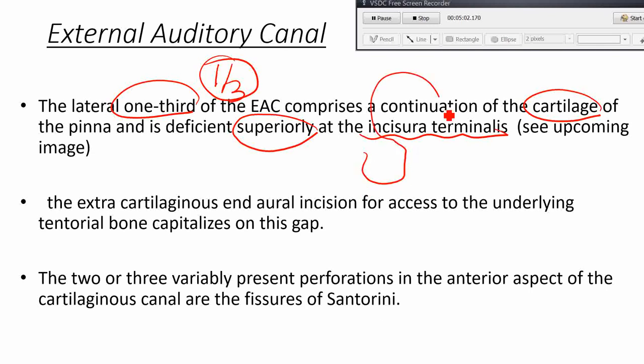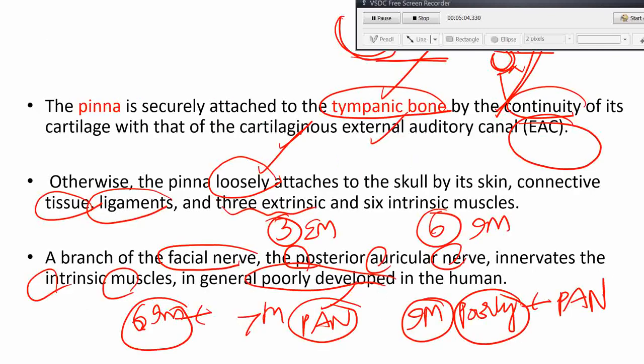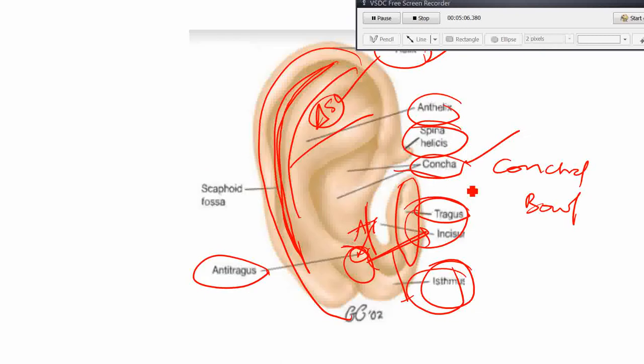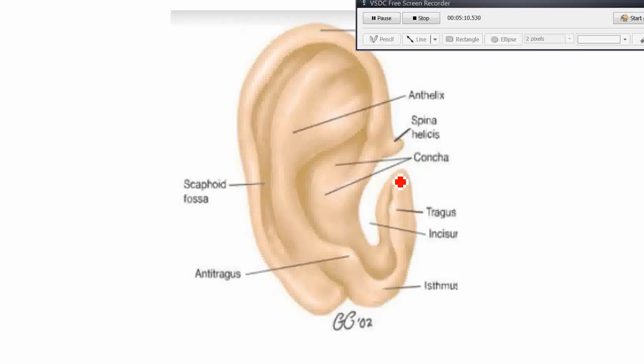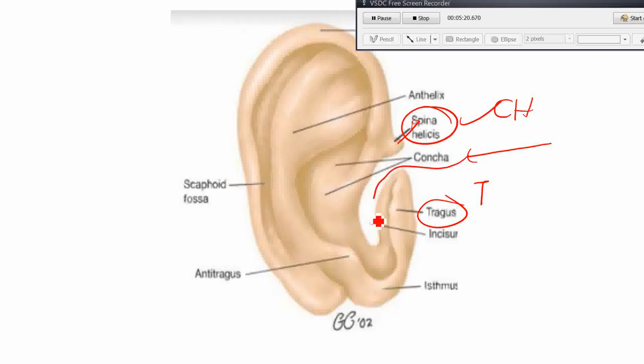If you take the cartilage, it is not complete, and the incisura terminalis is over here. You can see it in this particular one. So spina helicis is at the end of the helix, and this is the tragus. Between the tragus and the crus of the helix, you have the incisura terminalis.